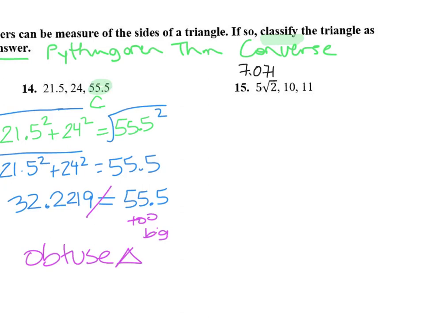So if I look at all these values, I see 11 is the largest, which means 11 is representing my C value. So I want to know, is 5 square root of 2, this whole thing squared, plus 10 squared, is that equal to 11 squared?